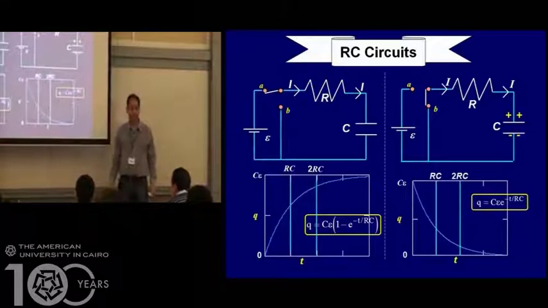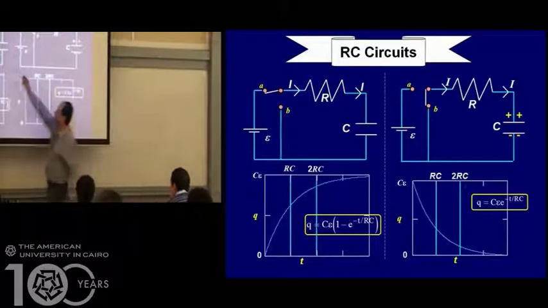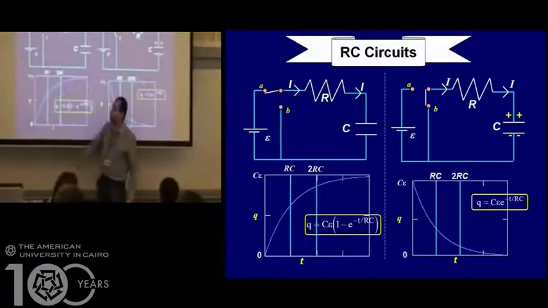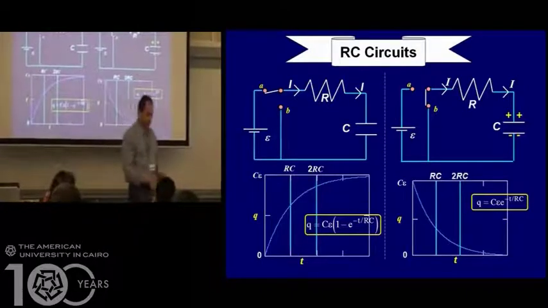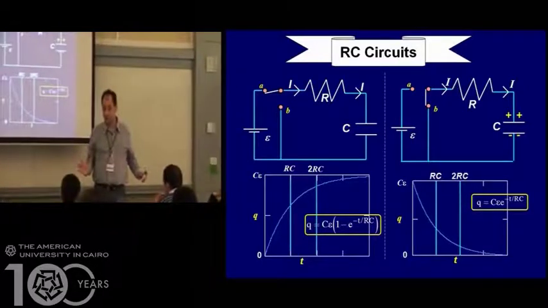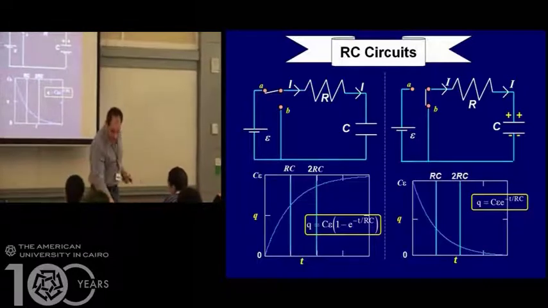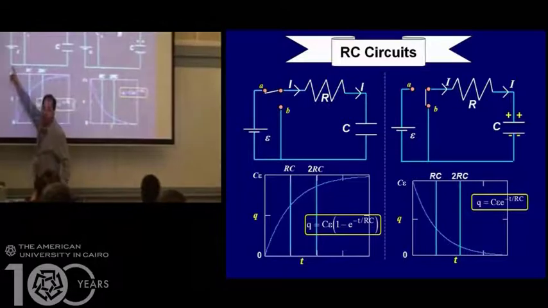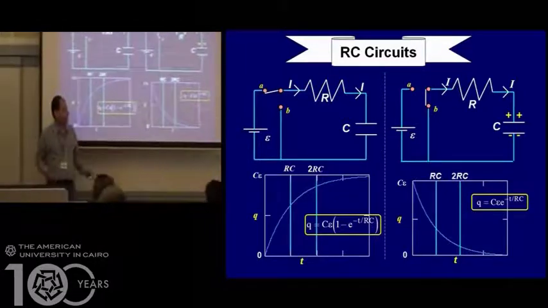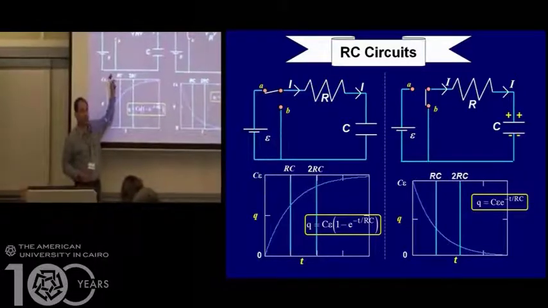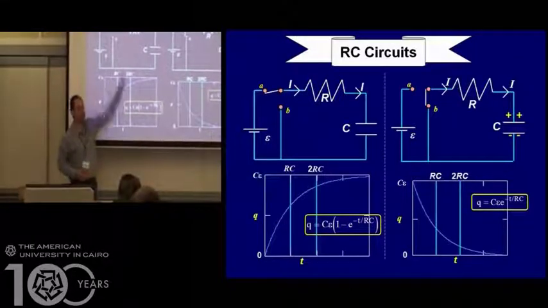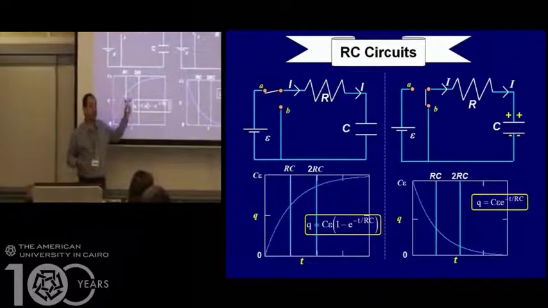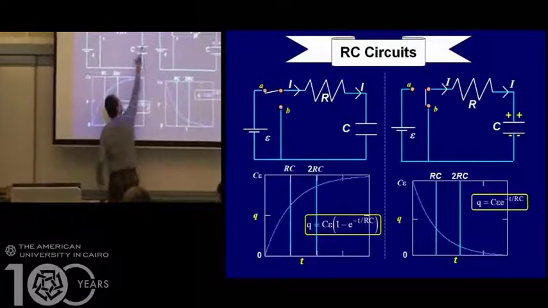It's not a battery, no. So now the capacitor is fully charged in such a way that the potential difference across the capacitor will equal the potential difference across the battery. It's fully charged, and in that case there will be no current flowing in the circuit. If there is no current, that means this will act like an open switch.